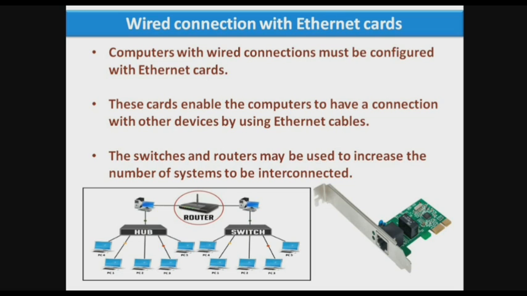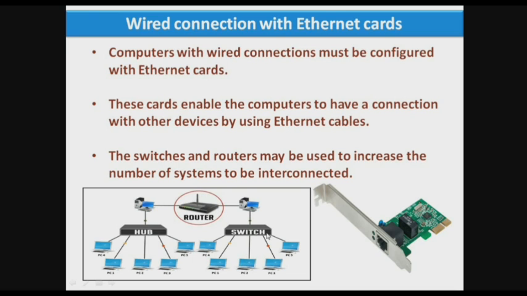But if you want to connect multiple computers and to increase the speed of internet connection, then we will move on to other networking devices, switches, hubs, routers. These are examples for networking devices. So we will connect the computers directly to the switches or hubs instead of other computers.